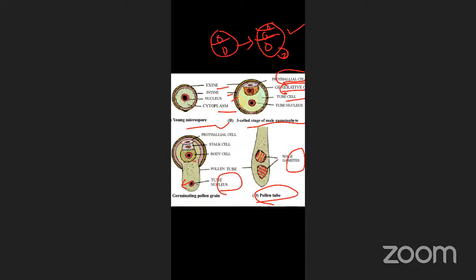Here also, megasporogenesis is the short answer. Female gametophyte, or embryo sac, is very important for the long answer. In female gametophyte or embryo sac, there are three types: monosporic, bisporic, tetrasporic. We will discuss later. First, let's take the megasporogenesis slide.